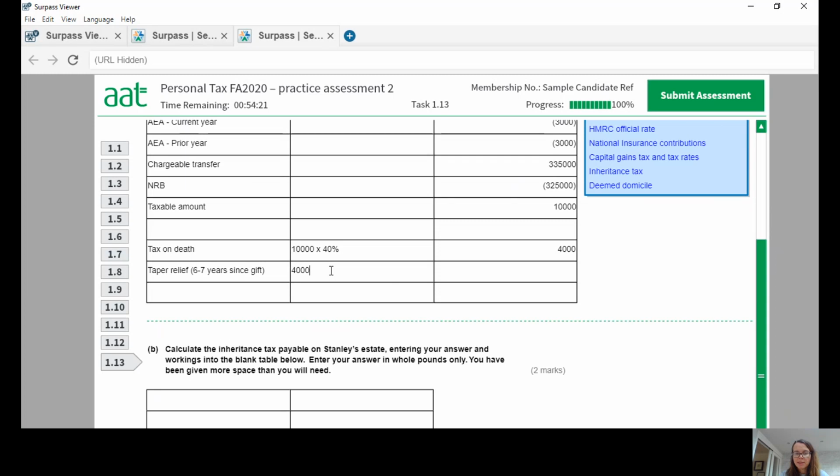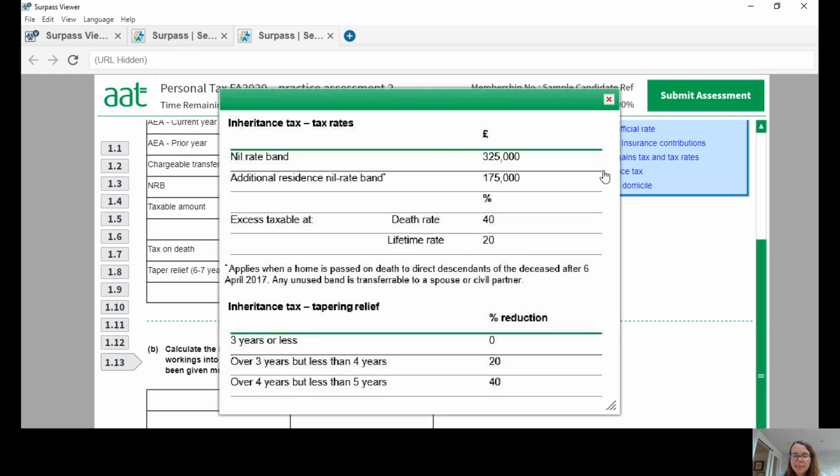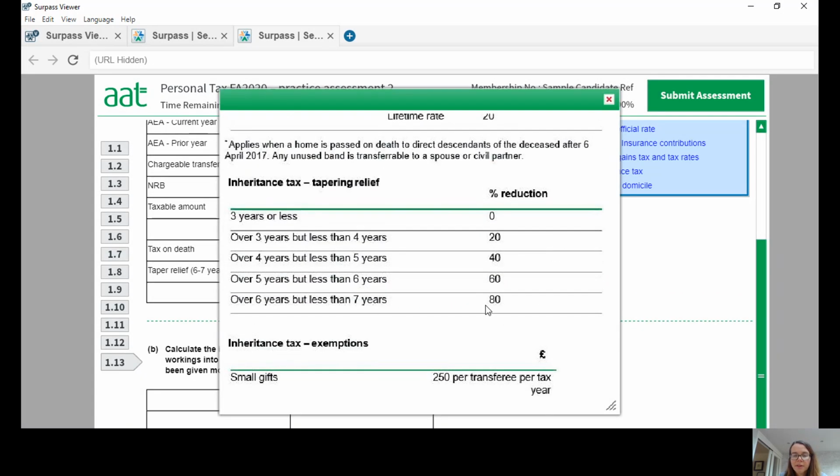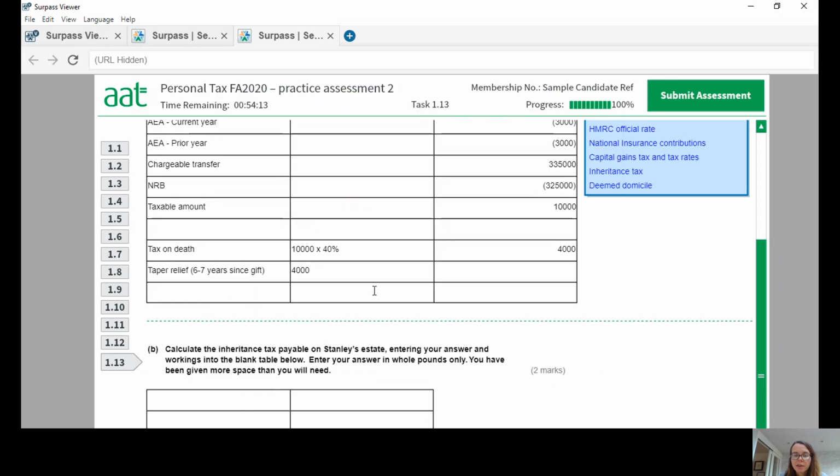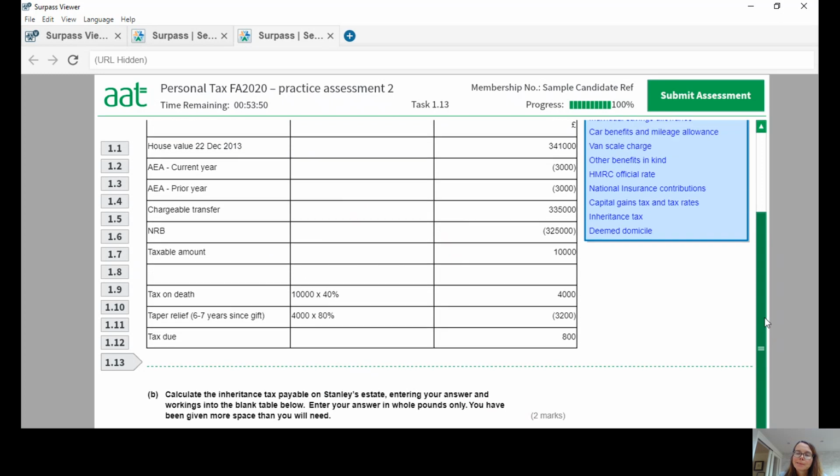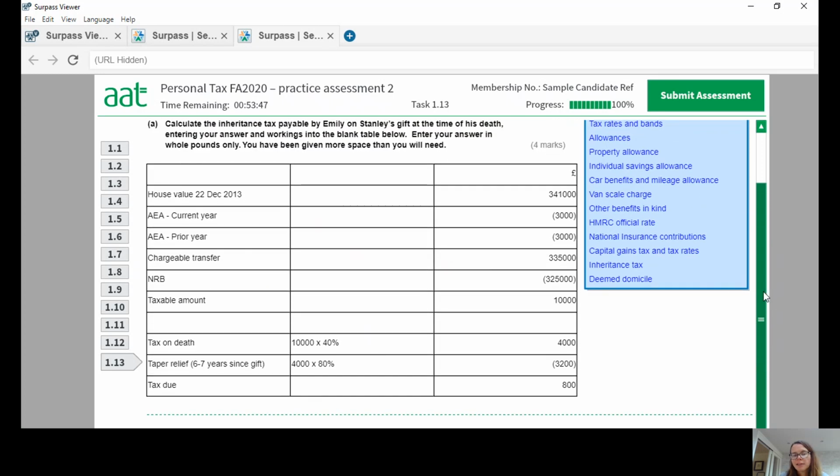So 4,000, if we look up here, 6 to 7 years gives us an 80% reduction. So 4,000 times 80% is 3,200. So the tax due will be 800. That's quite a nice question, actually. A bit of taper relief.